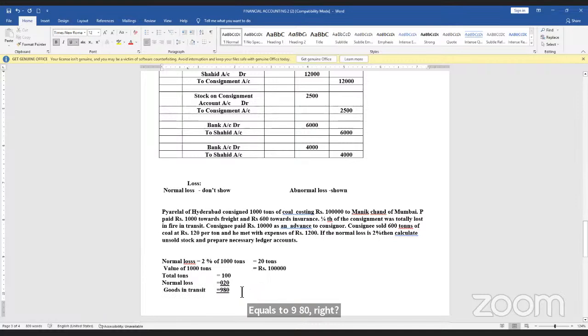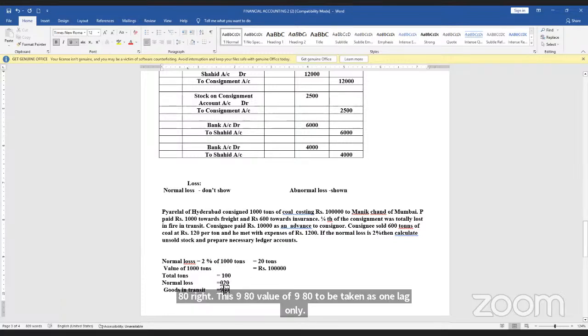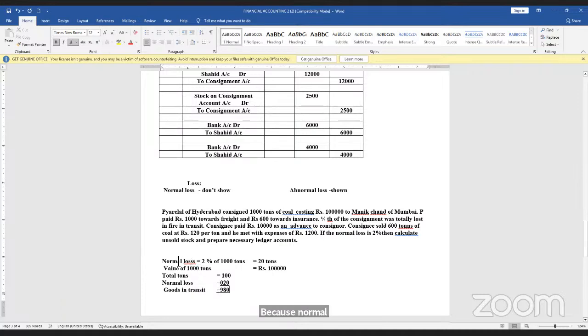The value of this 980 is to be taken as 1 lakh only, because normal loss you should not take out. Whatever total is there, you are supposed to take goods in transit 980. The cost of 980 tons is to be taken as 1 lakh.